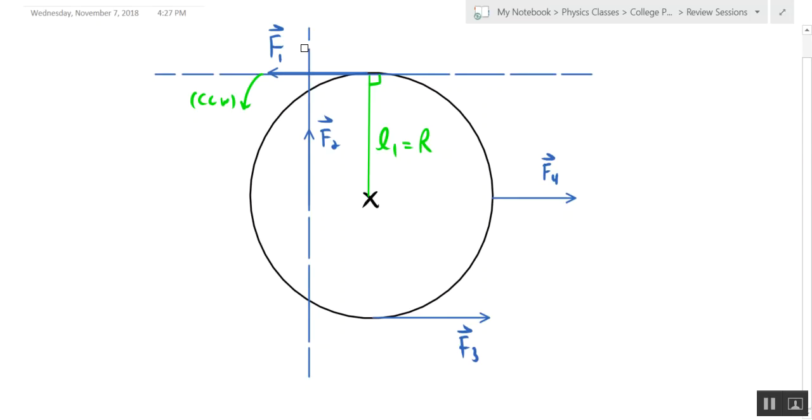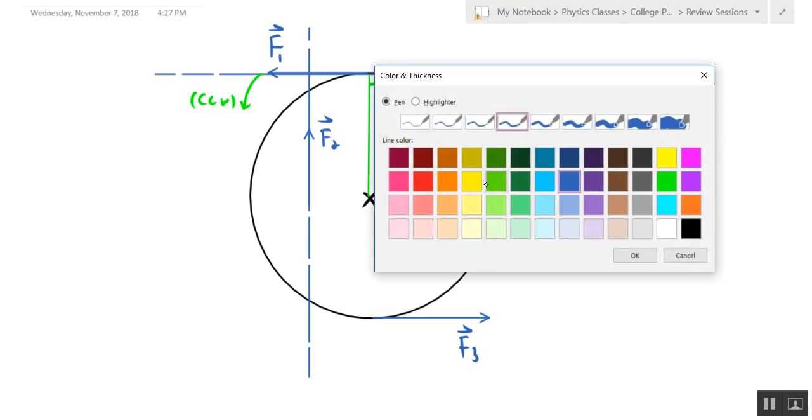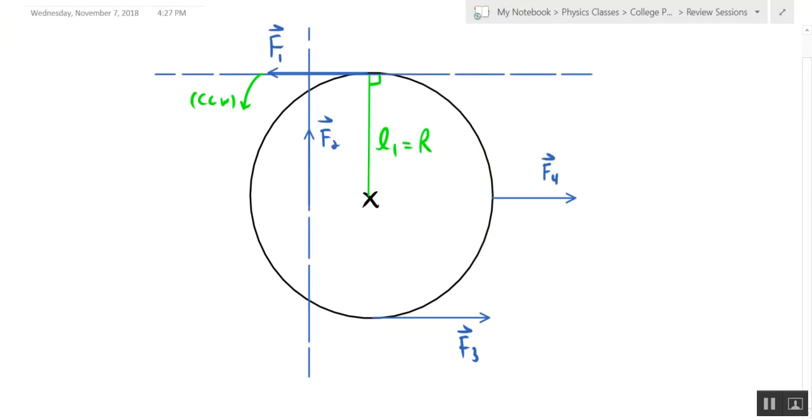Then what's the next thing you have to do after the line of action? Perpendicular line to the origin. I'll do it in orange for F2. So it's this, right? So this is going to be half the radius. That's R/2, right?